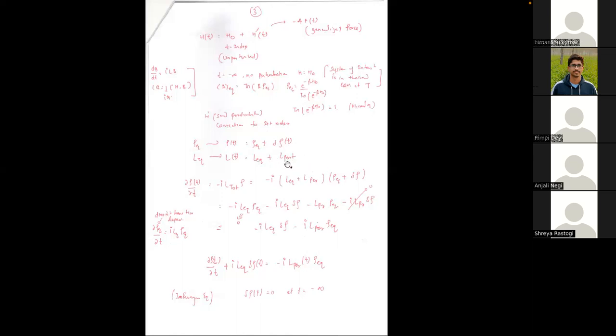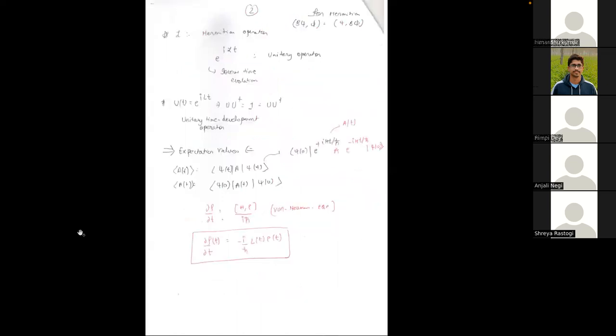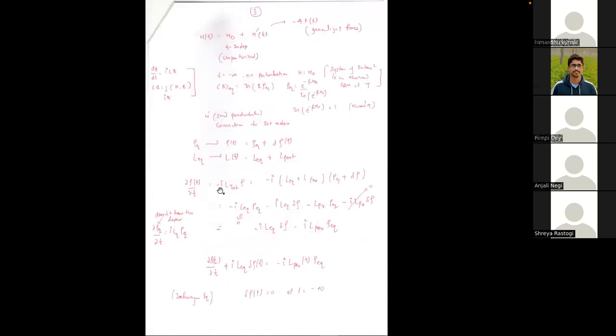Now we want to solve for the response of the system, with respect to the density operator, when you apply this perturbation. If we go back, this was the equation for the change in the density operator: minus iota over h cross, L times rho.